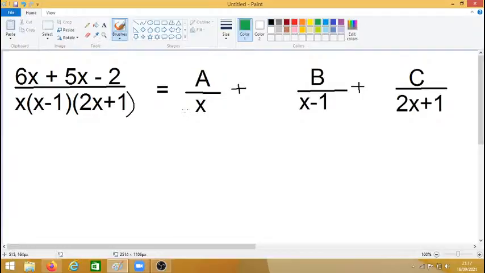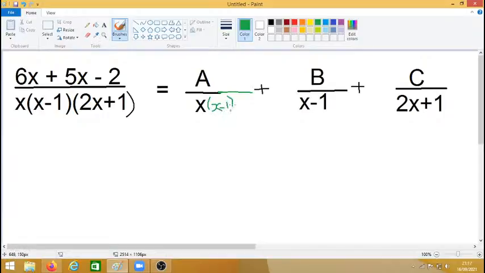So here I'm going to extend out the line. I'm going to need quite a bit of space on this one because it is a long one. So I'm going to extend out the line, and what I'm seeing is that I've got x already, but I need an x minus 1 and a 2x plus 1. So that can come here.